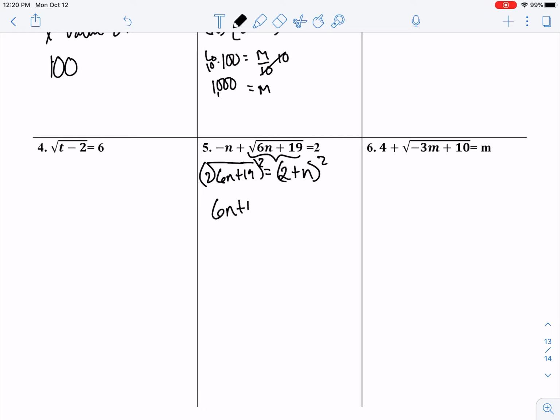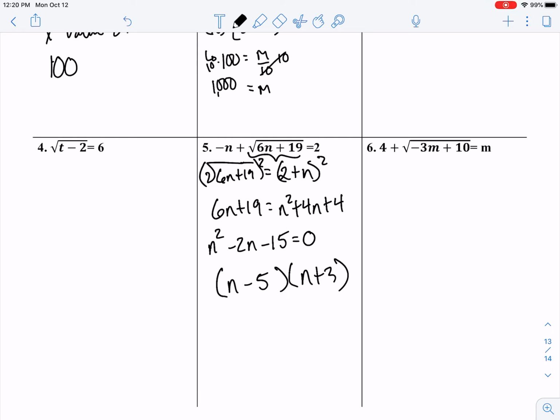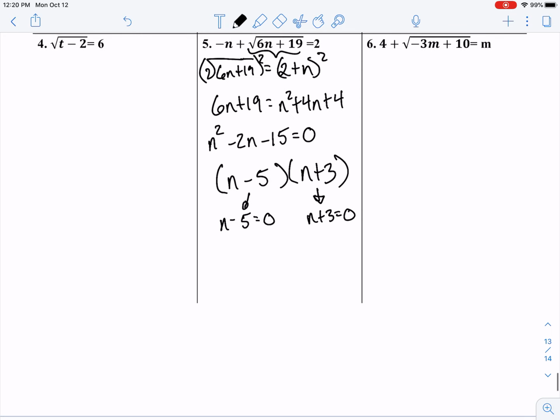I'm left with 6n plus 19 is equal to n squared plus 4n plus 4. Get n by itself: n squared minus 2n minus 15 is equal to 0. n minus 5, n plus 3. Set these each equal to 0 and get n by itself.